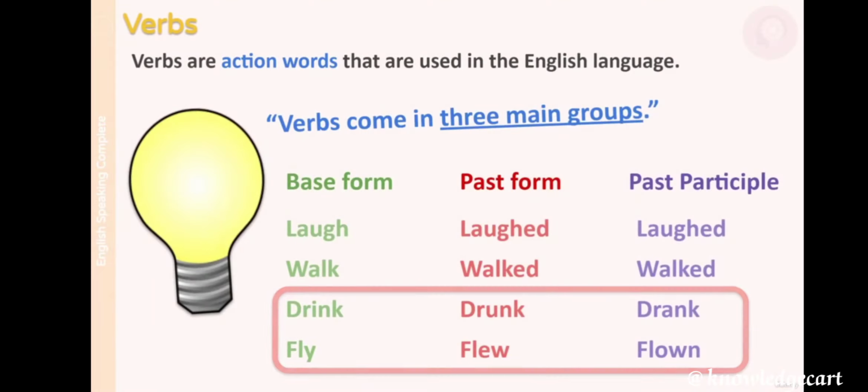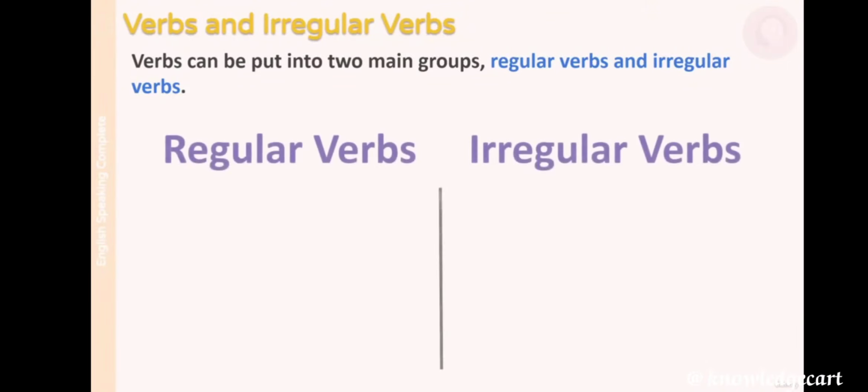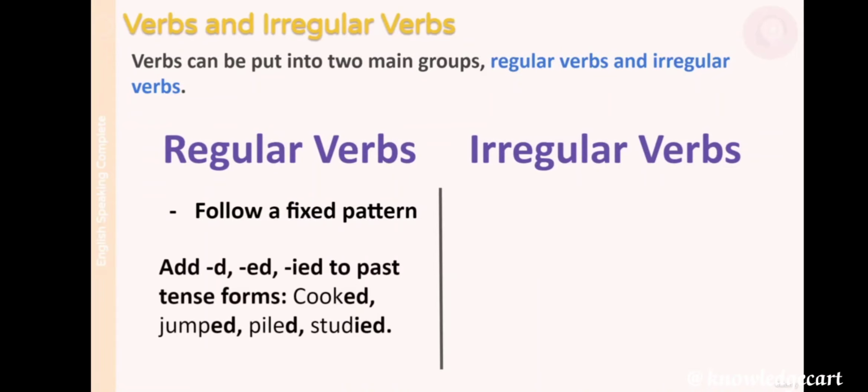So let's take a look at regular versus irregular verbs in a little bit more detail. So as said, we can put all English verbs into both regular and irregular categories. Let's take a look at some regular verbs. So for these, we follow a fixed pattern. We can always add a D, an ED, or an IED at the end of the verb.